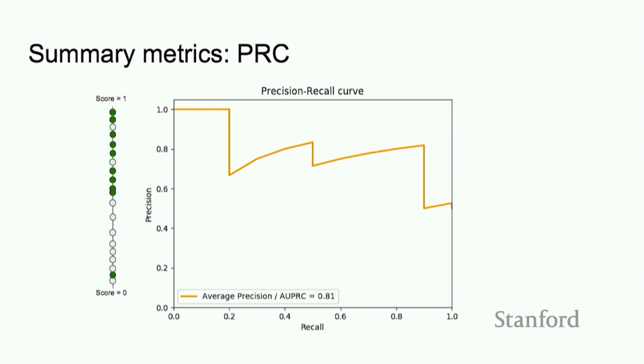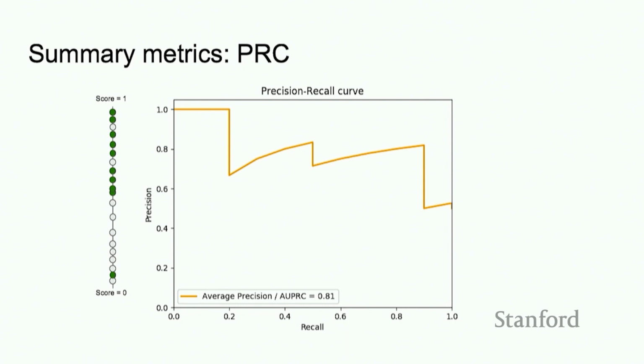So the precision recall curve will have a pretty standard pattern of vertical drops and slow climbs, vertical drops and slow climbs, whereas the ROC curve will have horizontal and vertical movements. Right? And just like the ROC curve, you can also measure the area under the precision recall curve.